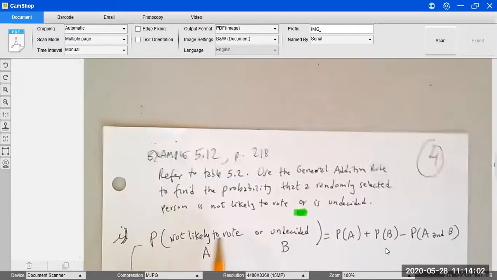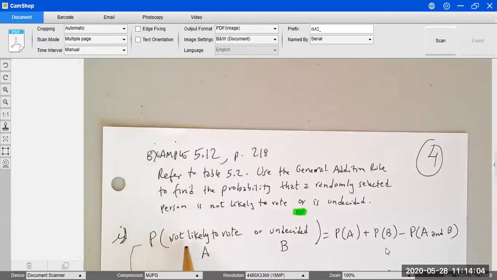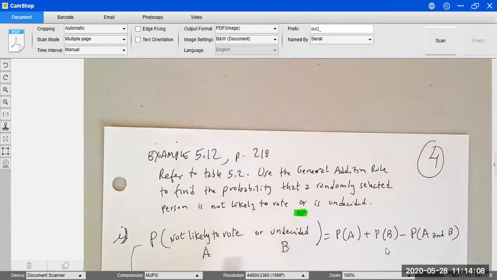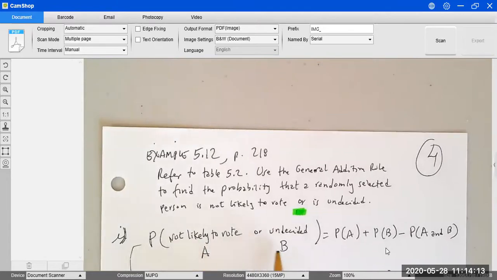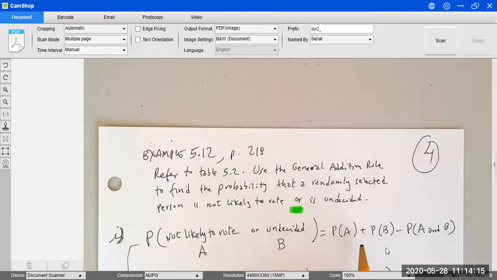So the probability of a person not likely to vote or undecided is the probability of A or B. The formula says that we need to compute the probability of A, the probability of B, and the probability of A and B occurring at the same time. So you're going to add up the first two values and then subtract the third one.